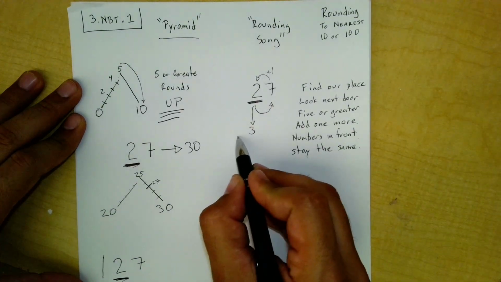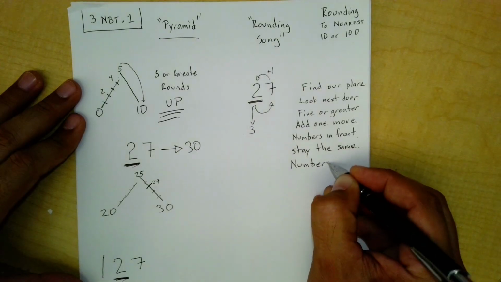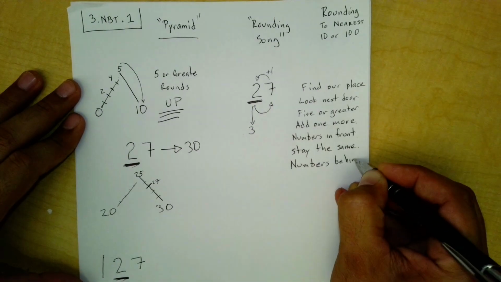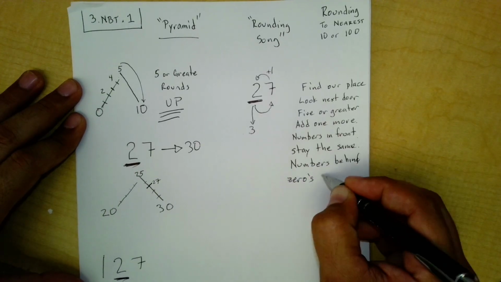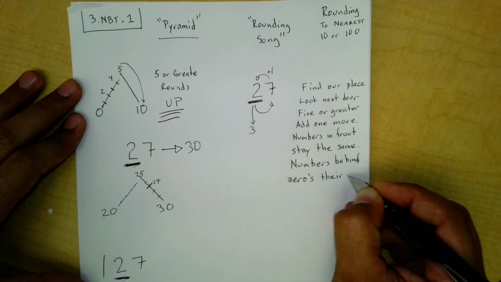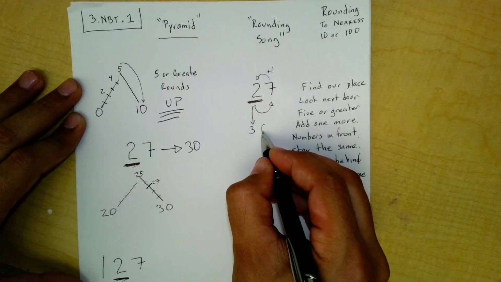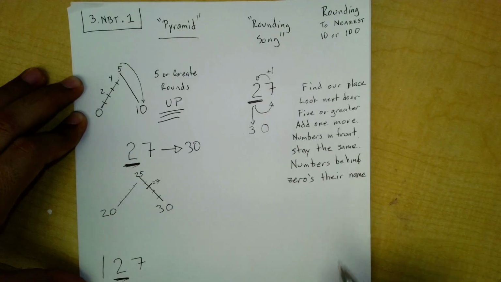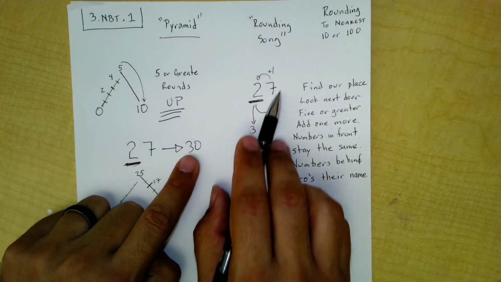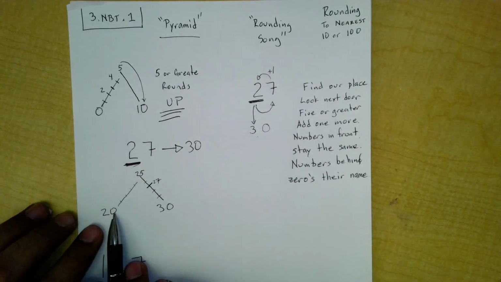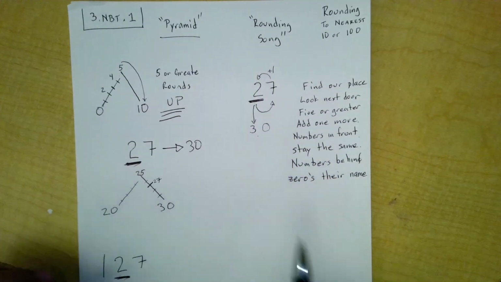Numbers behind, zeros their name. So the numbers behind zeros their name. So we got the same answer, but we're looking at the number differently. We're not having to draw a pyramid. We're just looking at the place value and rounding accordingly.